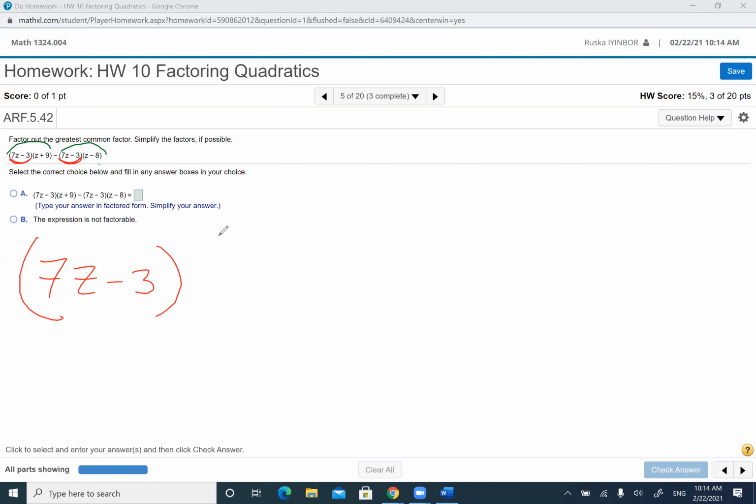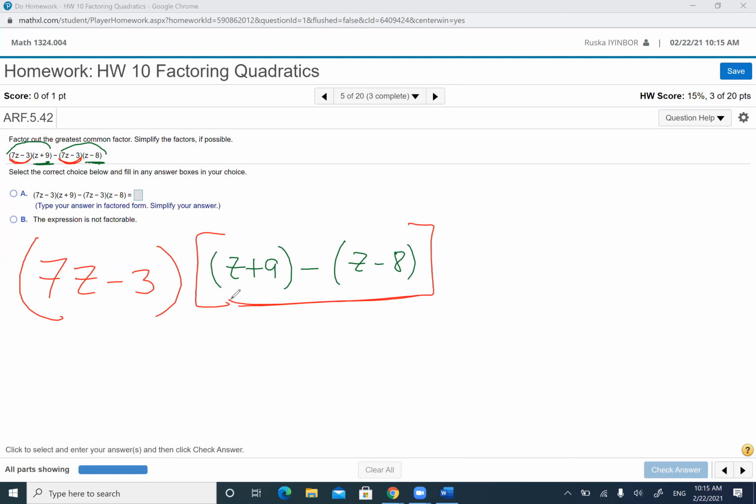And then what is left after I factor it out? I have left with this minus this, right? I'm going to write it like this and I'll show you how to simplify. So I have z plus 9 left from the first term minus z minus 8 from the second term. Okay? And then you're going to simplify inside here now.